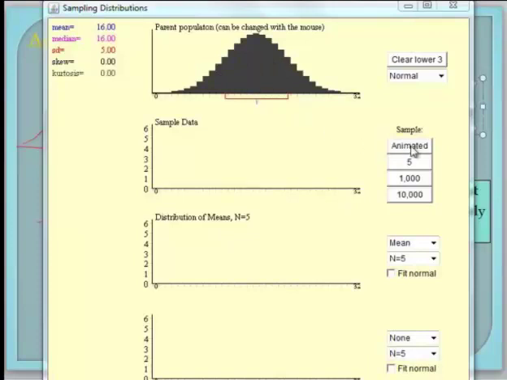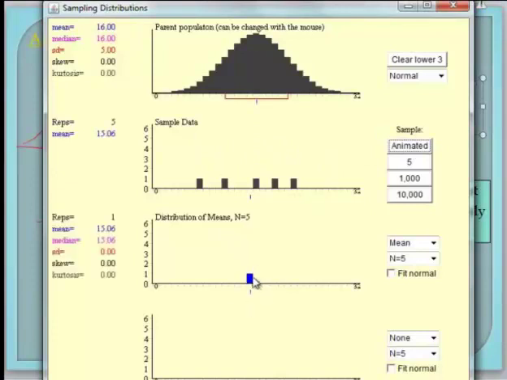Let's try it. Okay, boom. You can see I took 5 values. They did sort of cluster more towards the center, right? And the mean is right here, just off a little bit from the true mean.